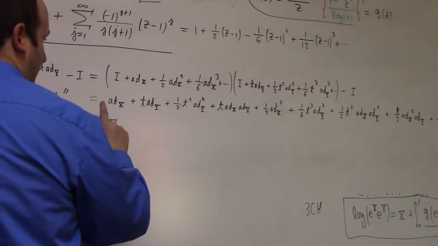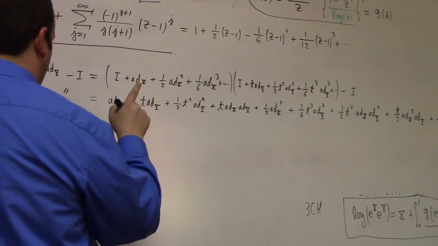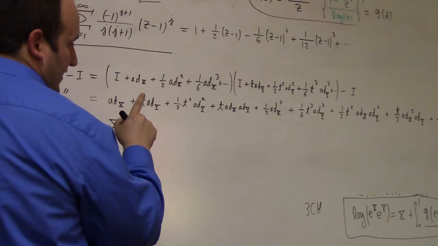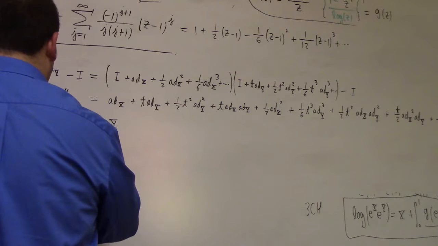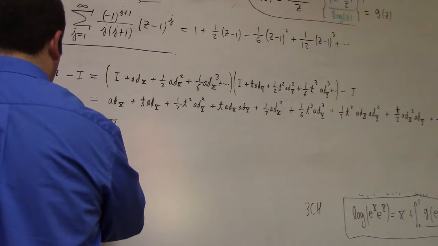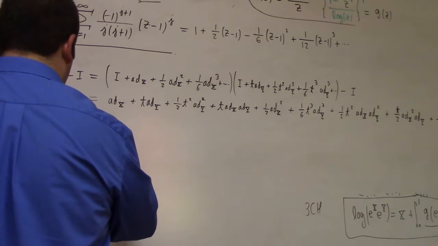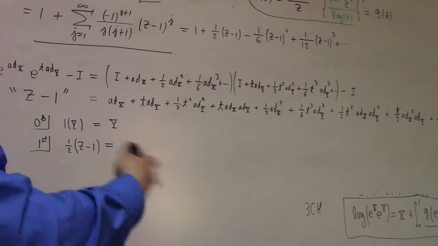Let's see here. We're saying, so it's 1/2 z minus 1, right? Now that's the only thing that matters.